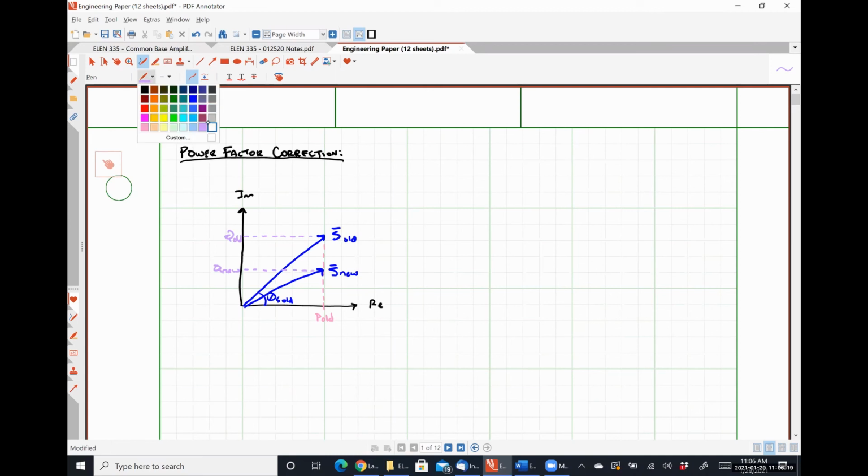I'll call this new angle theta S new. So the question then becomes, how can I decrease the reactive power absorbed by my load?